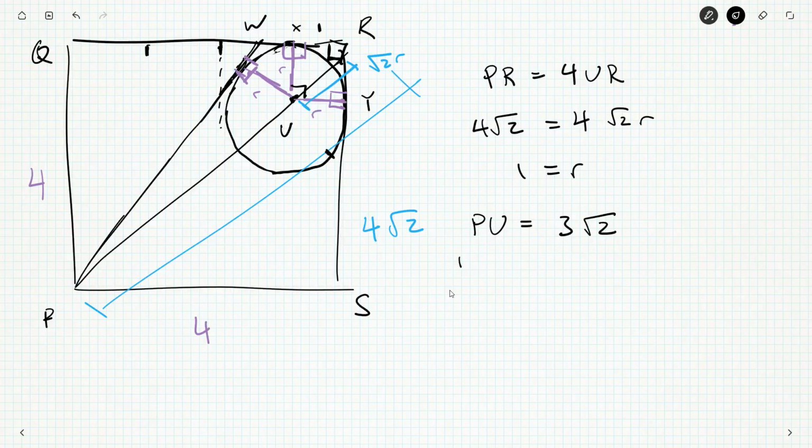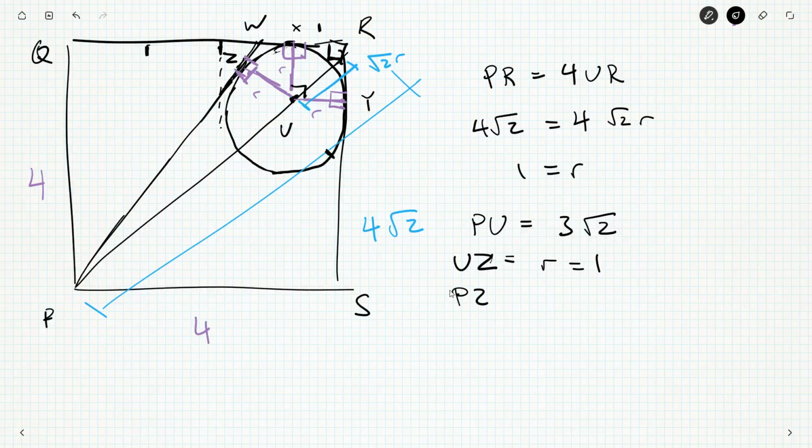And UW is r, which is 1. Not UW, silly me. Let's give a name to this tangent point. Let's say Z. So UZ is 1.